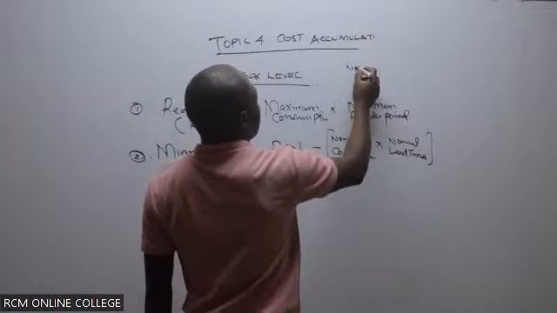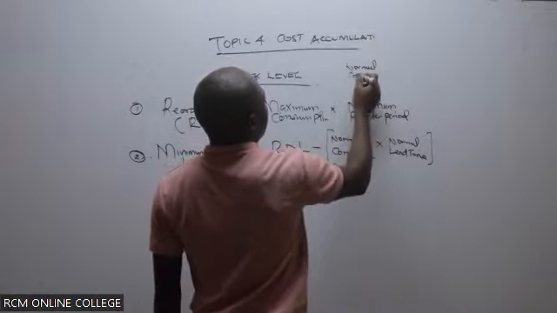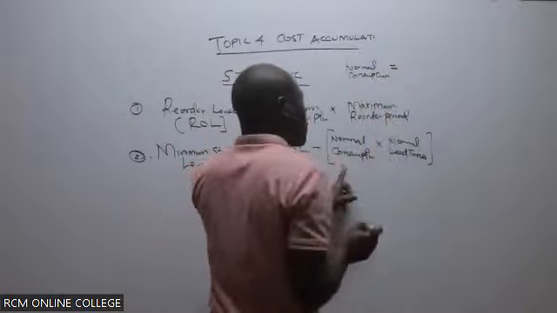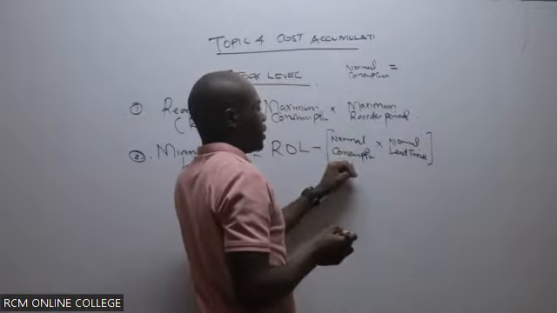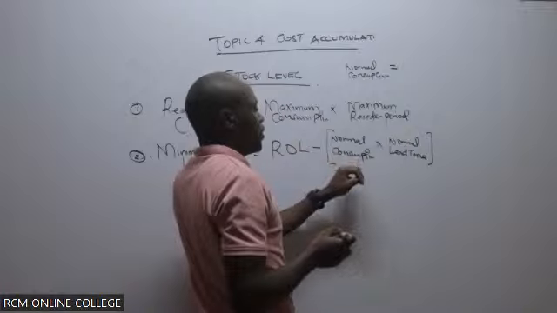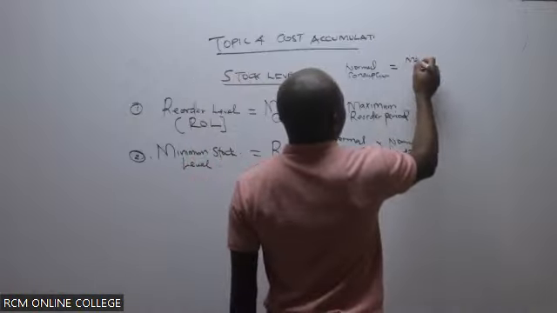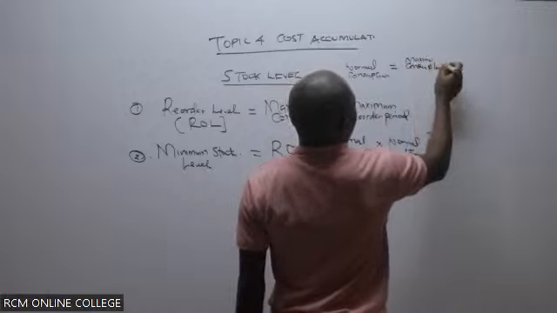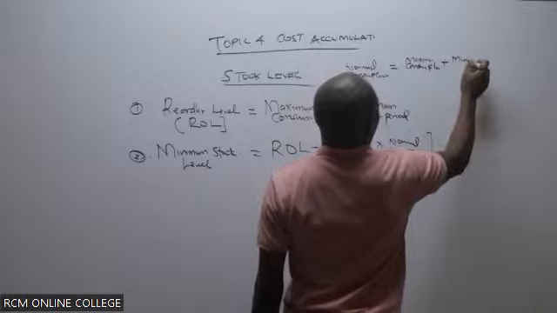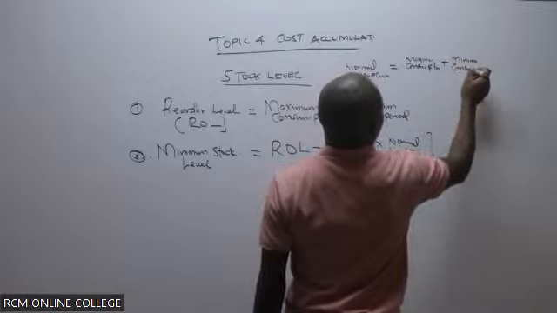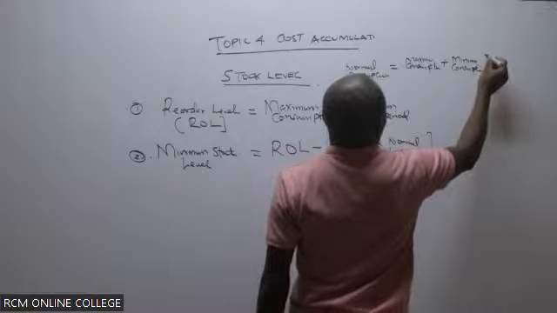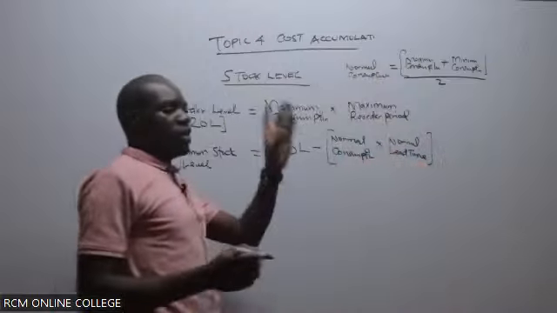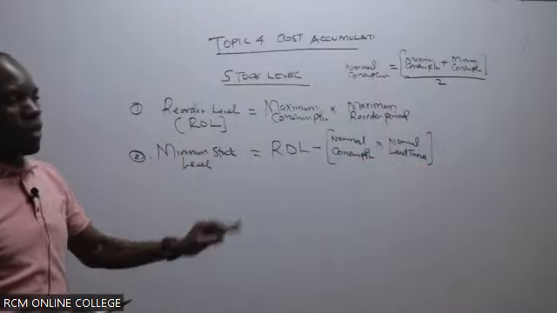Normal consumption, if the examiner does not indicate precisely that normal consumption is this, then we'll be taking maximum consumption plus minimum consumption, then the summation of this we divide by 2. In short, we are getting the average.